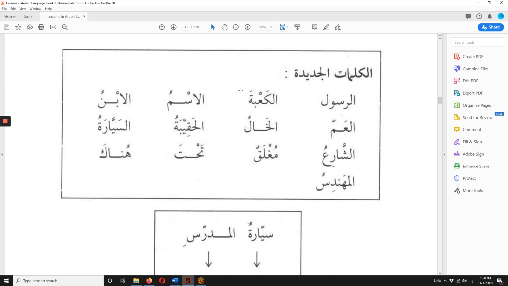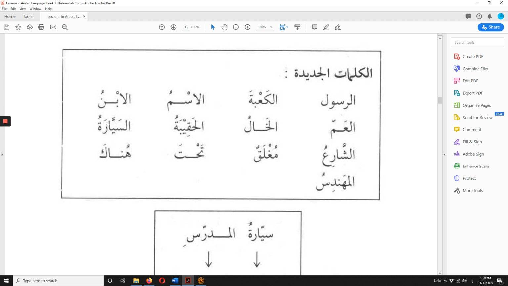And so that's the building that Muslims make pilgrimage to and circulate, you might say. They go around it. Circumambulate is the technical term. Then you have al-ismu, name, which can also mean noun or adjective in grammatical jargon, but in general speech it just means name. And al-ibnu means the son. Al-ammu means uncle. Al-khalu also means uncle.